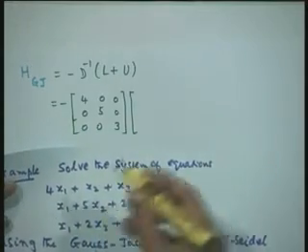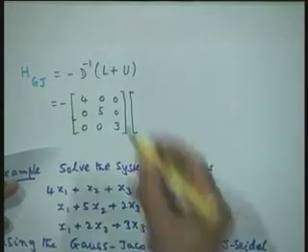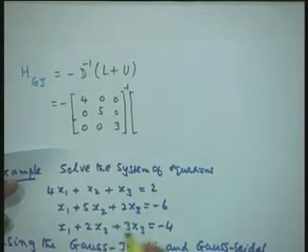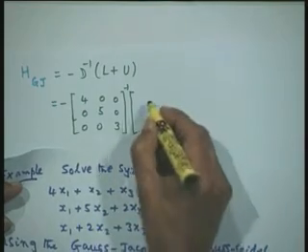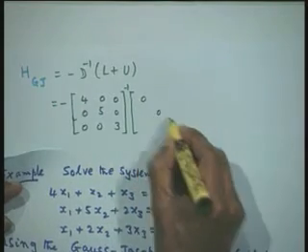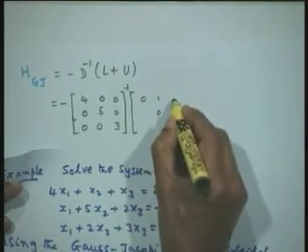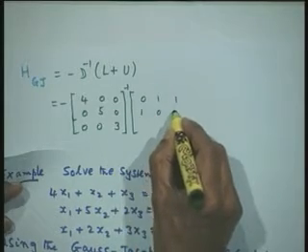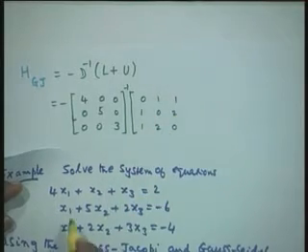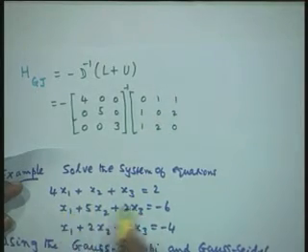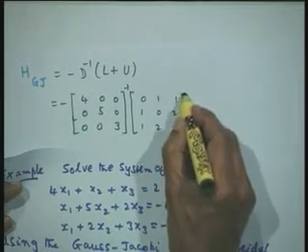L plus U will give you, oh yes, inverse, we will put inverse here, and then L plus U is the remaining part. So, we will have diagonal elements as zeros here and the remaining part is 1 1 1, 2 1 2, that is your 1 1 here, 1 and 2 here, 1 and 2 here.